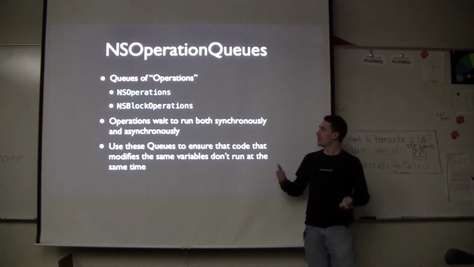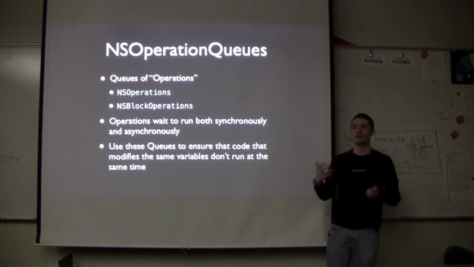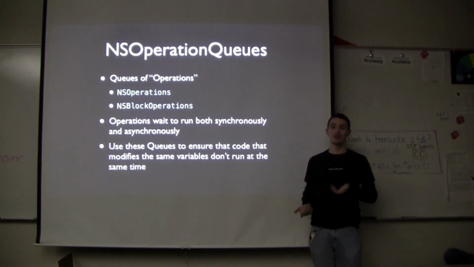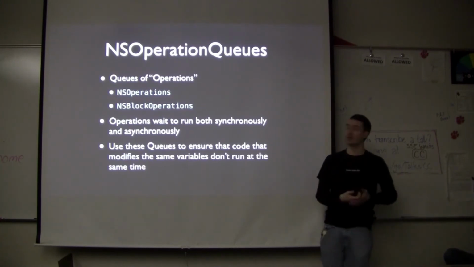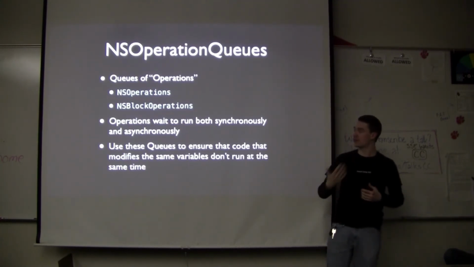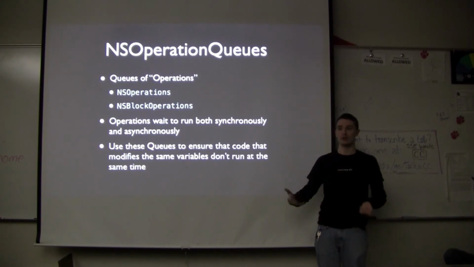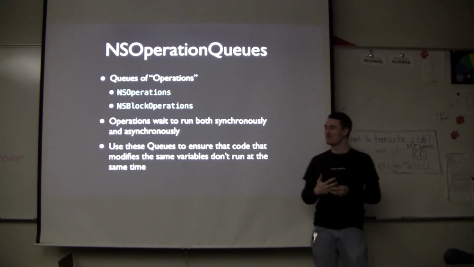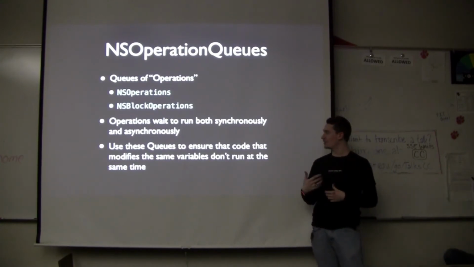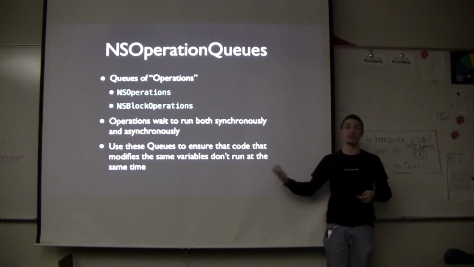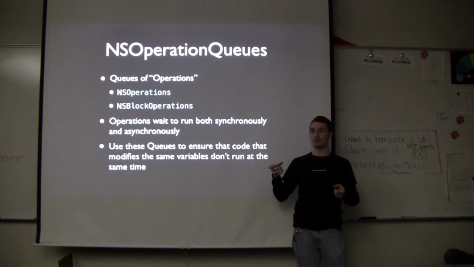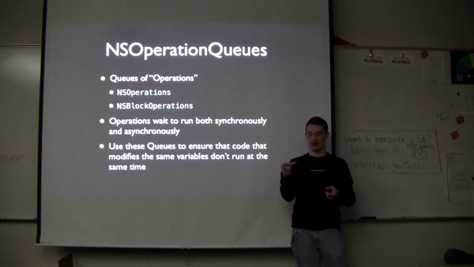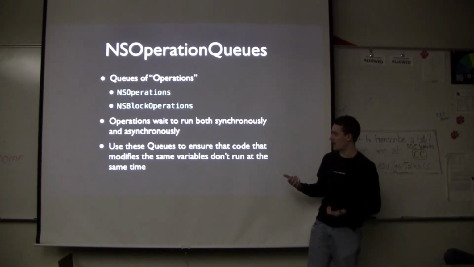An operation in an operation queue waits until the queue says it's its turn to execute, and then it will execute either synchronously or asynchronously, depending on how you told the operation queue that block should execute. You use these queues mainly to ensure that variables are not modified at the same time, and that there are no concurrency issues.